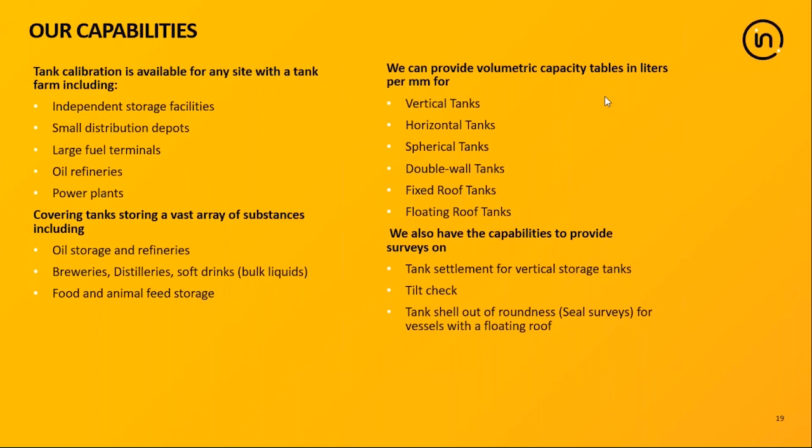So we do these inspections that allow us to assure our clients and assure their clients that the gauging tables that they're using are correct, and the volume that they're using and their measurements are correct. We can also check for tank shell roundness and seal surveys for vessels with a floating roof. So that is also going to contribute to your loss control.